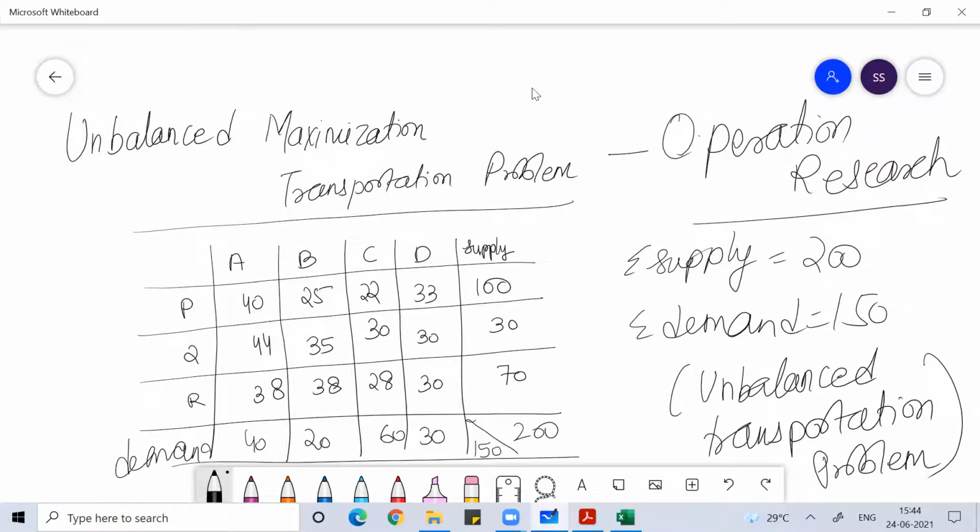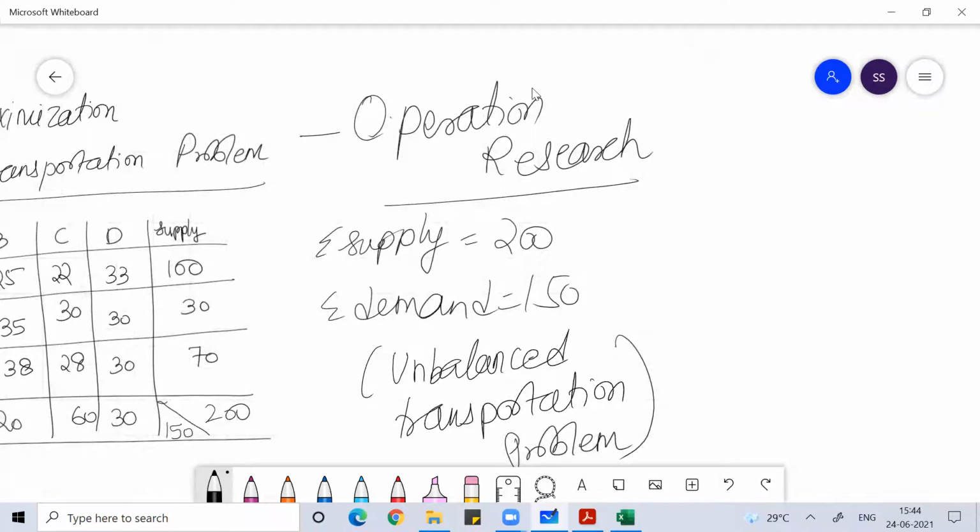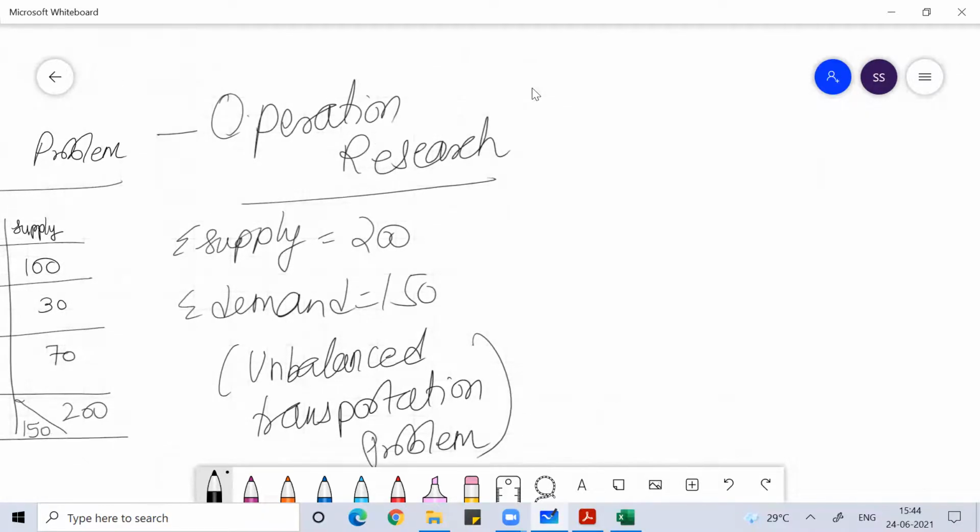So for this problem, the objective function is maximization.